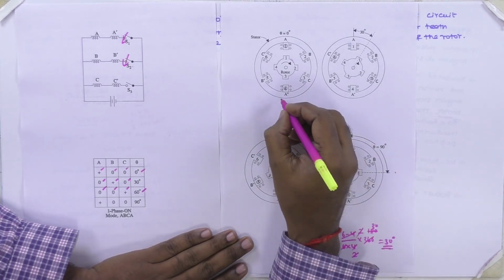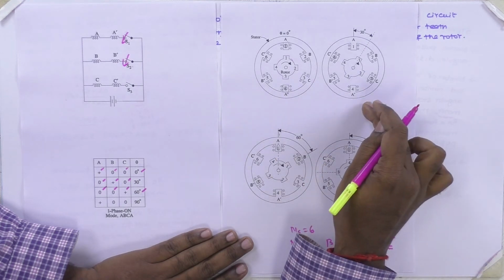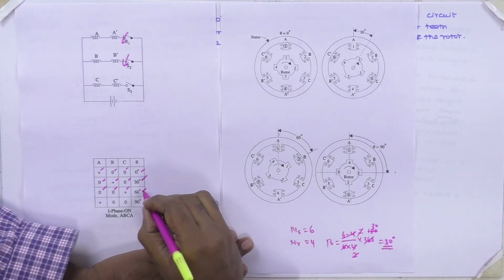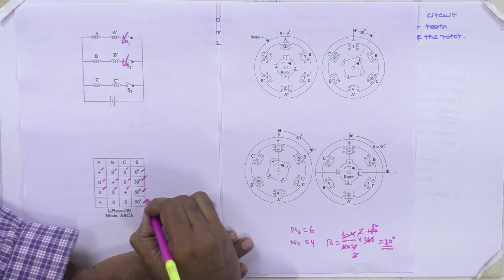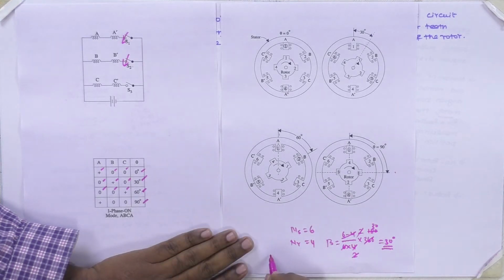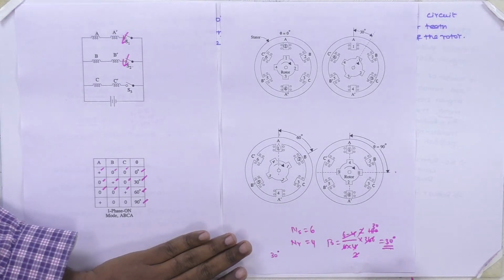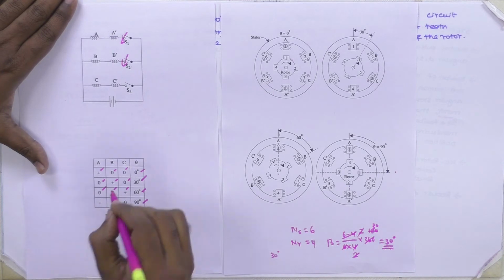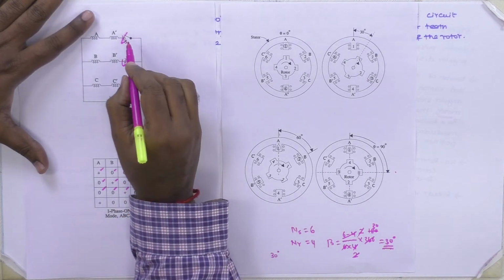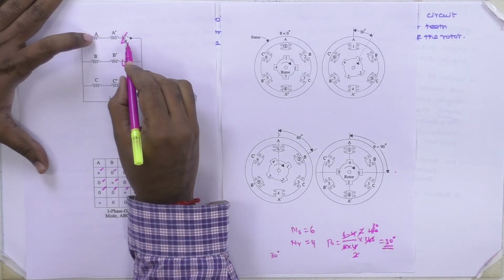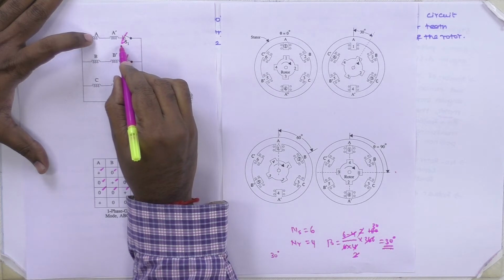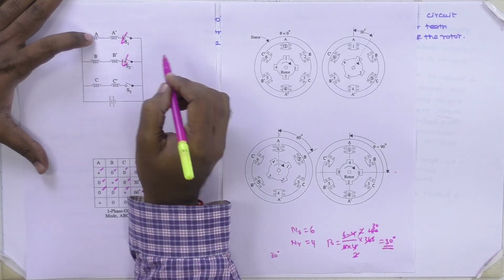So this is step 1 at 0 degree, step 2 is 30 degree, step 3 is 60 degree, and step 4 is 90 degree. So each step moves 30 degree for each input pulse. Here this is the one phase on mode, that means at a time only one pulse is given to the supply, and the other 2 phases are open.